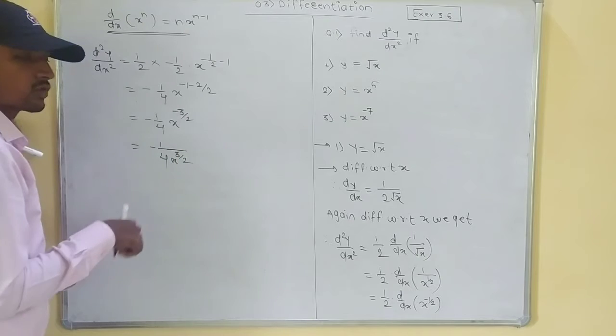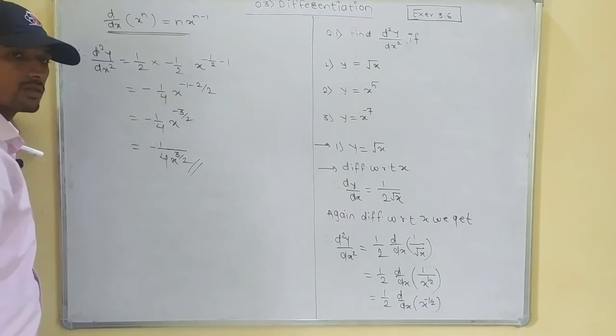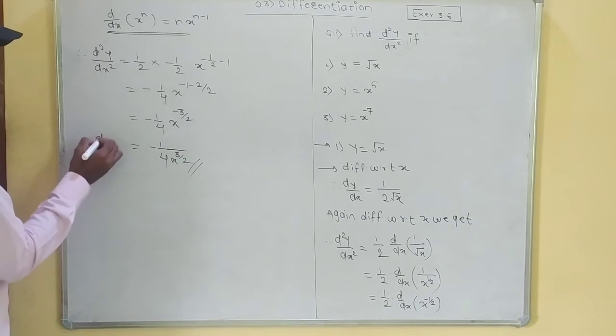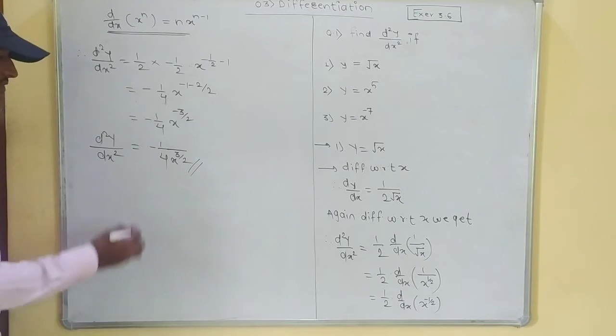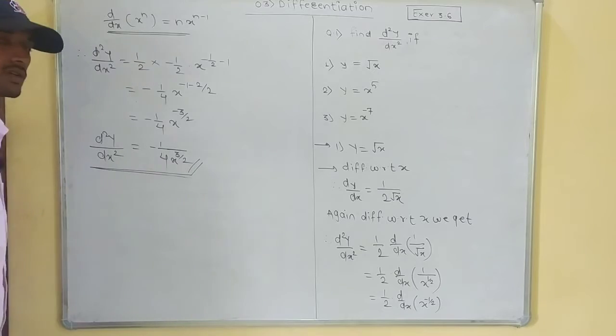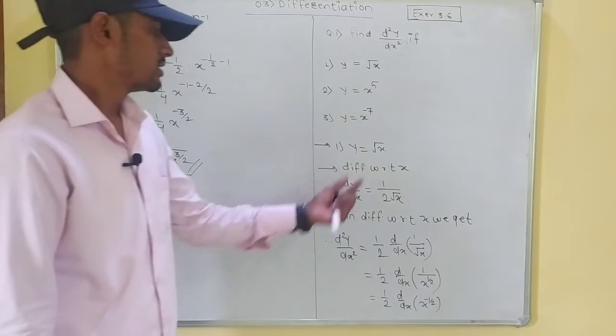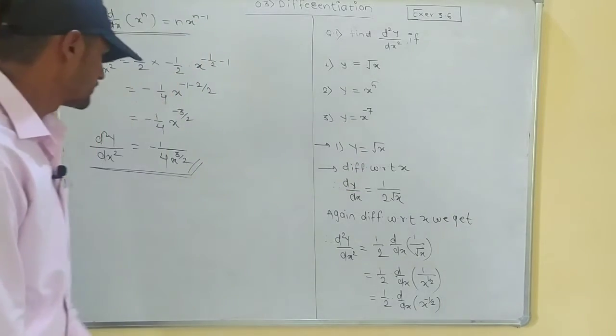When it goes down to the denominator, it will become plus 3 by 2. So this is the final answer, the second order derivative of the given function. This is the required second order derivative of y is equal to root x.